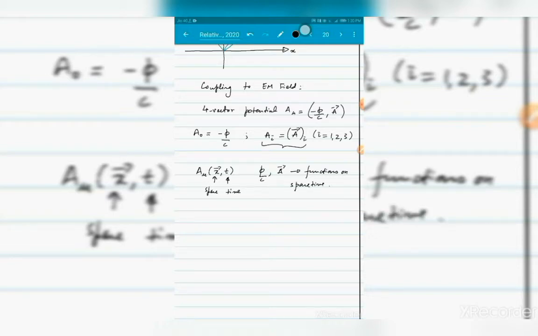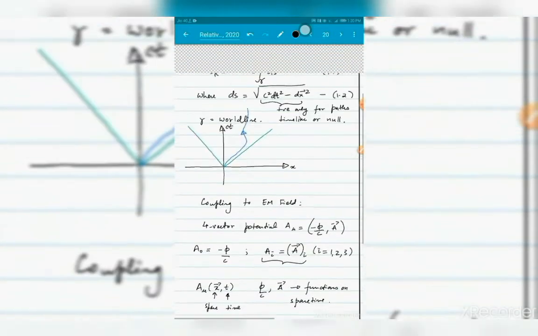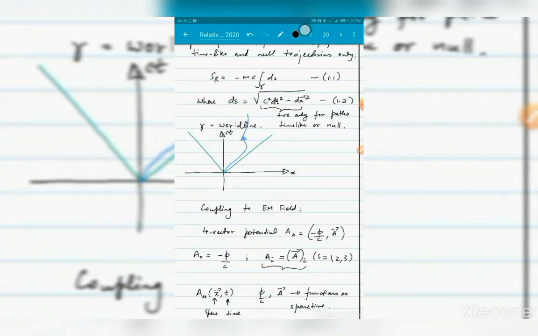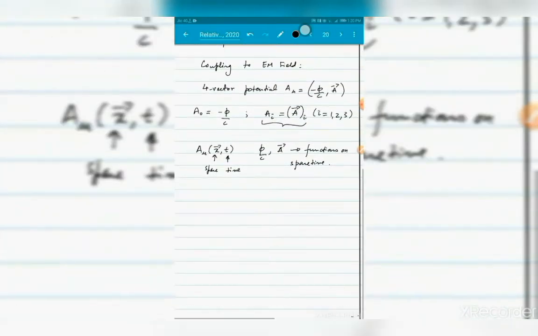So as a particle moves through space-time, it interacts with the 4-vector field at each point. For instance, at each point along the trajectory of this particle, the 4-vector takes some value, and this 4-vector interacts with the particle in some manner.